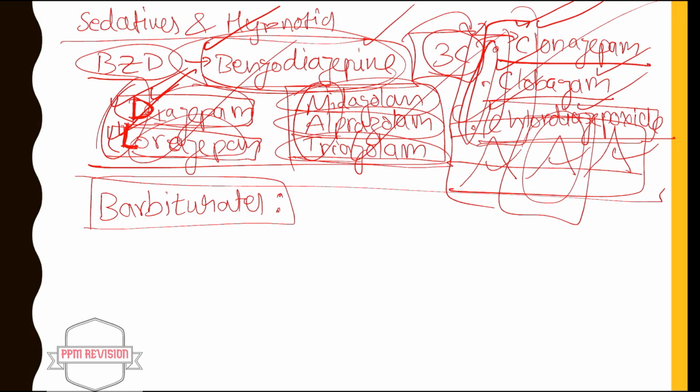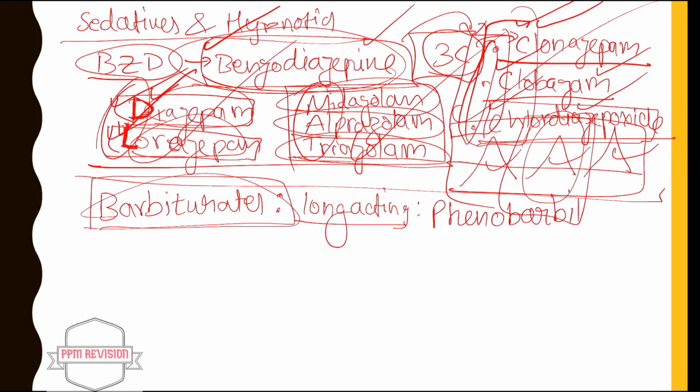So looking at long acting, the most important. In case of barbiturates, the drug name ends with barbital. So here we have phenobarbital, and this is nothing but long acting.